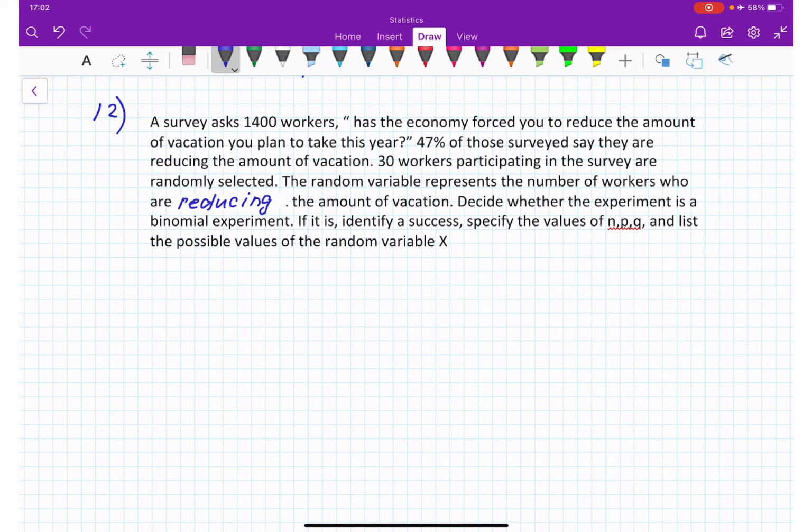Decide whether the experiment is a binomial experiment. If it is, identify n, p, q, and x.